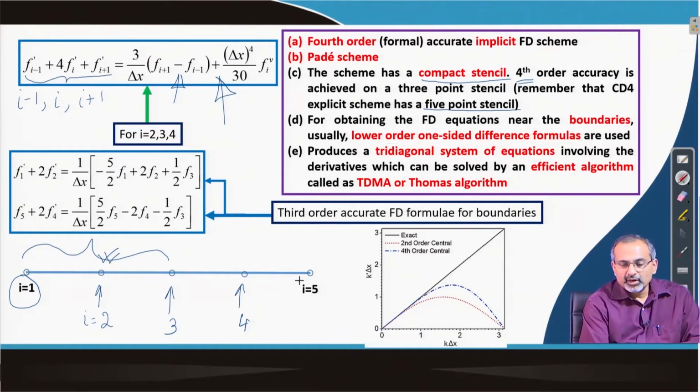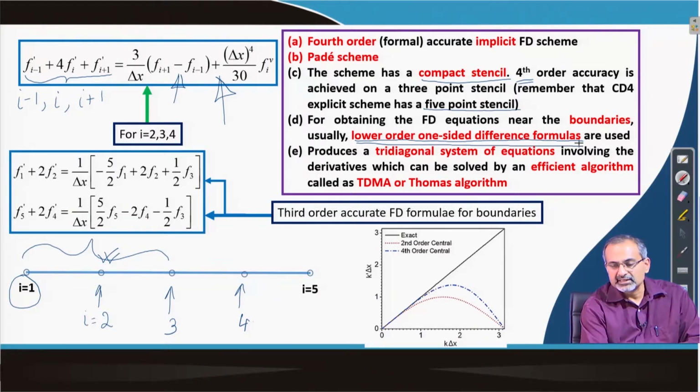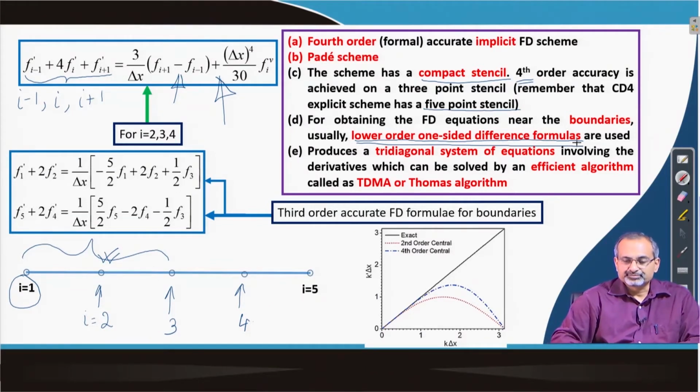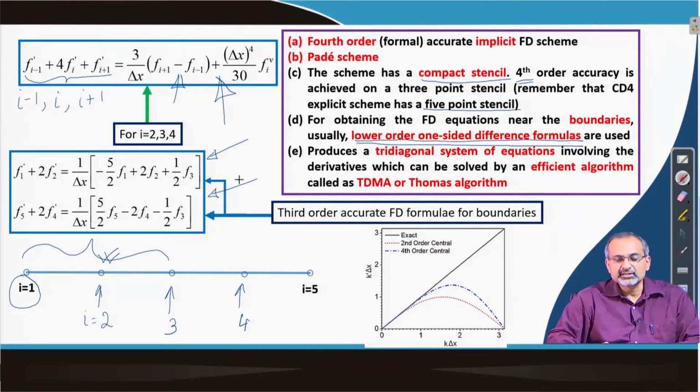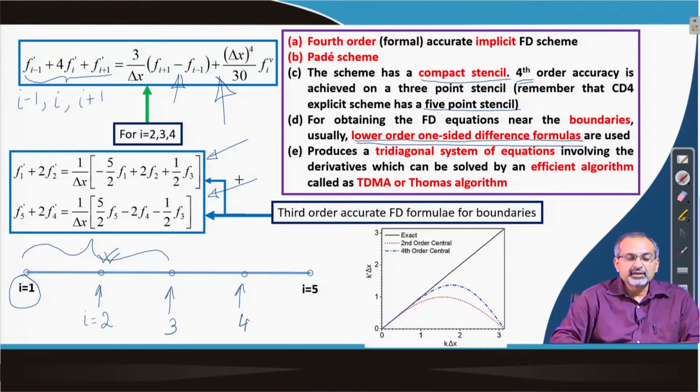Usually, we go ahead with lower order one sided finite difference schemes for the boundaries. In this case, we have used a third order accurate approximation, which is given by these two equations. These two equations are again of implicit kind, because on the left hand side of both the equations you can see that there are derivatives of two grid points shown simultaneously.